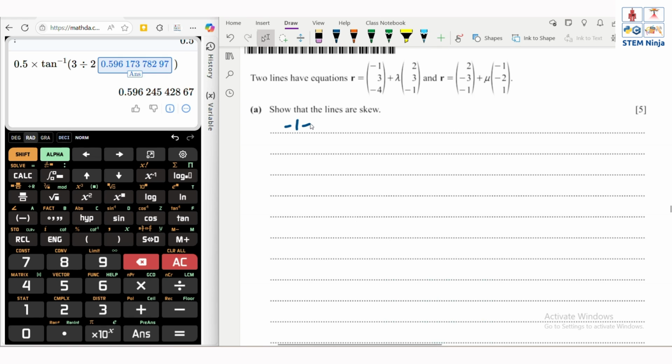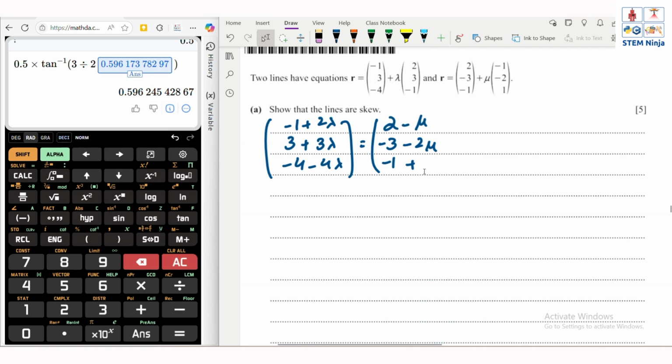Minus 1 plus 2 lambda, 3 plus 3 lambda, minus 4 lambda equals 2 minus mu, minus 3 minus 2 mu, minus 1 plus mu. So we equate any two of these.